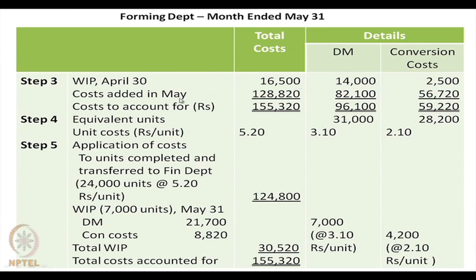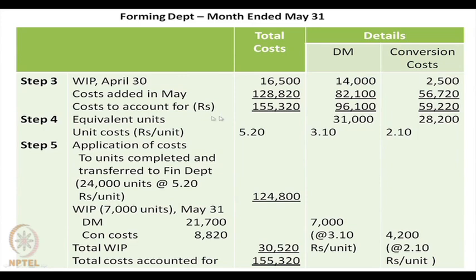Costs added in May for direct material were 82,100 and conversion cost was 56,720. Added up, it gave 128,820 rupees. Costs to account for is therefore this plus this, 155,320, and direct material cost was 96,100 and conversion cost was 59,220.